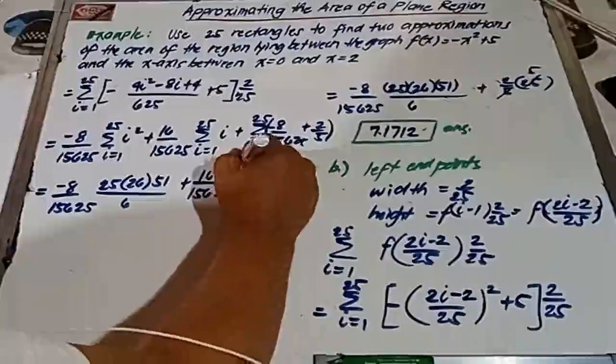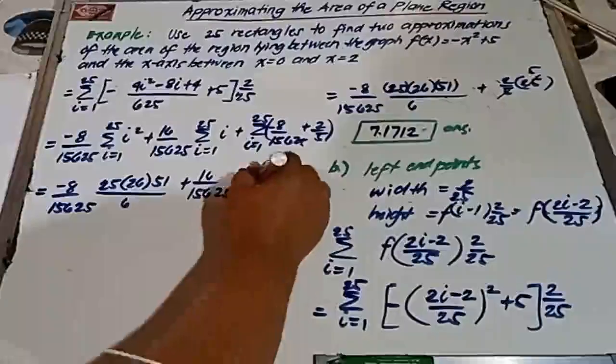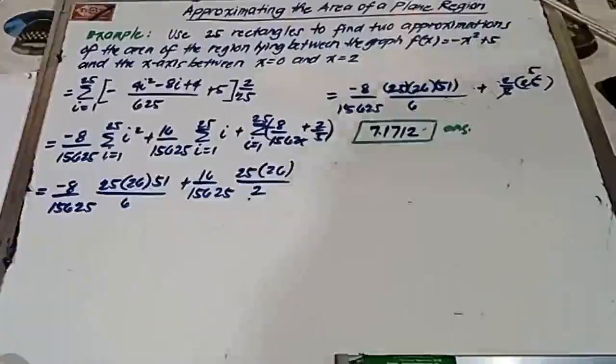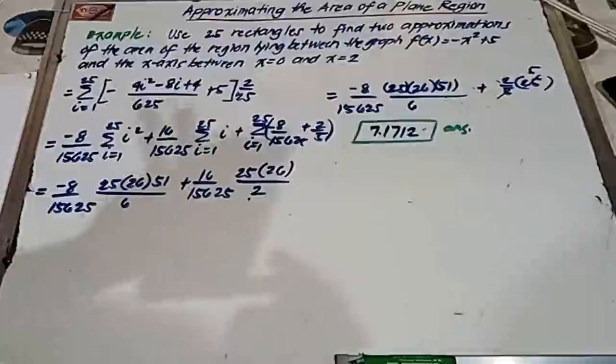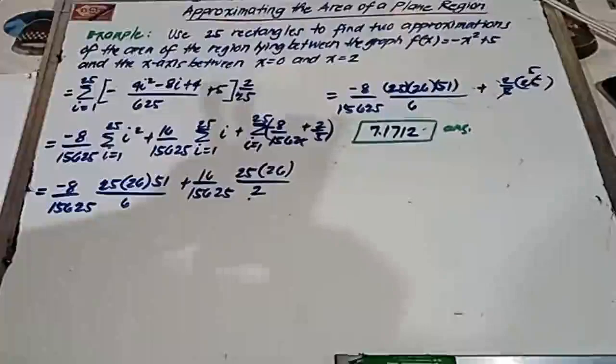We have n is 25 times 26, n plus 1 over 2. Okay. And for this one, we have, pagsamahin muna natin. That is fraction negative 8 over 15,625 plus 2 over 5.